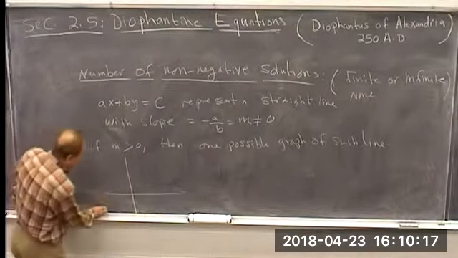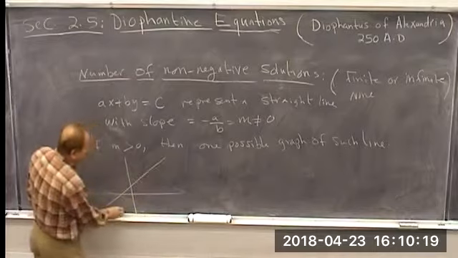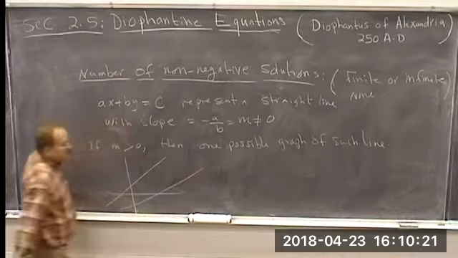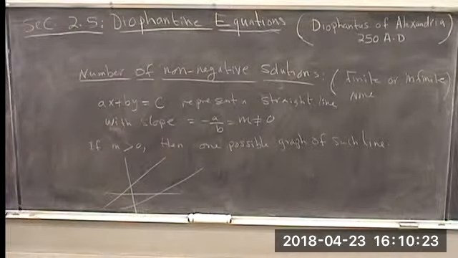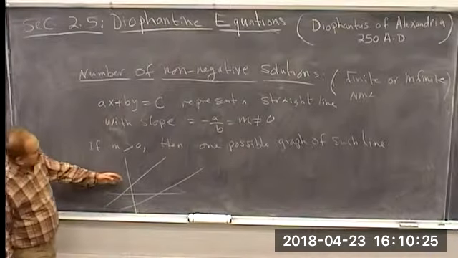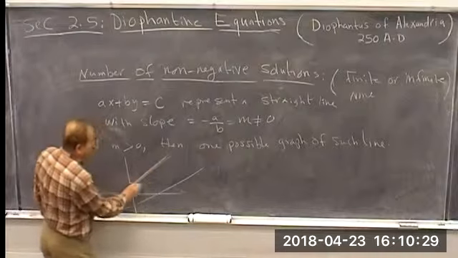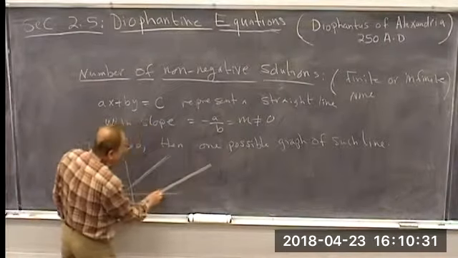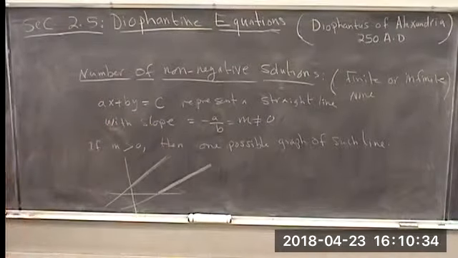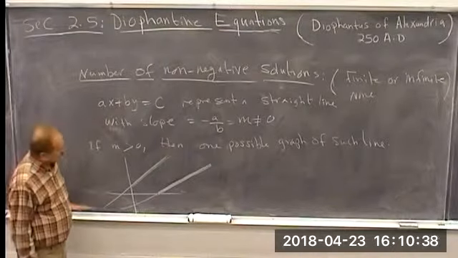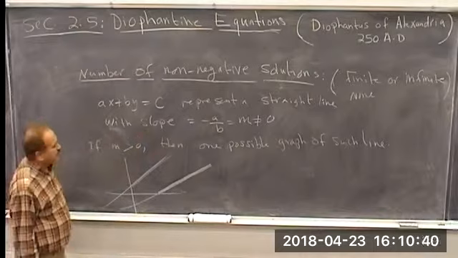It could be going this way, it could be going that way, but it's rising up. Now, in this particular case, as you can see, an infinite portion of the graph is going to be in the first quadrant. So it's not horizontal, it must be rising up.